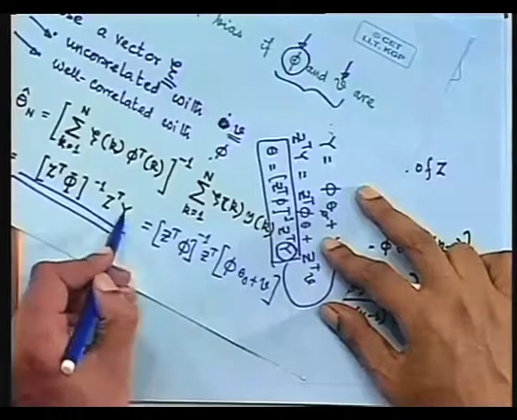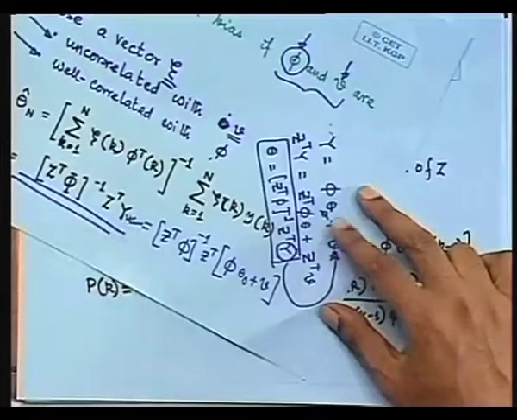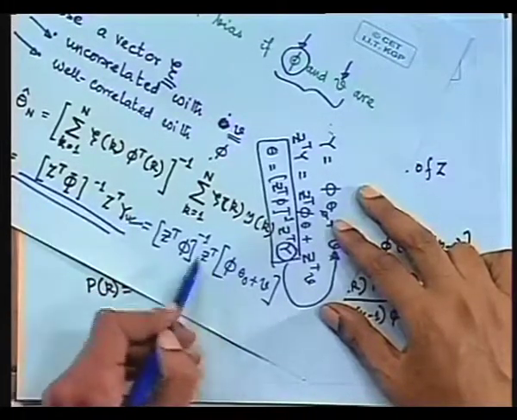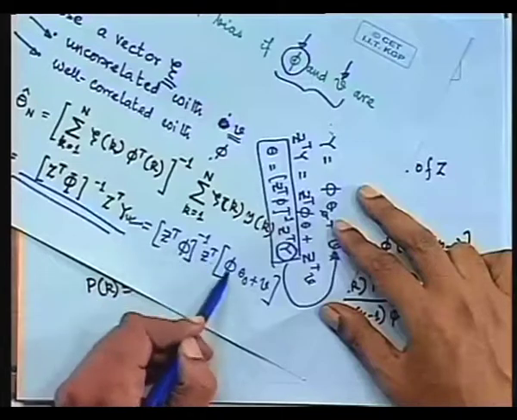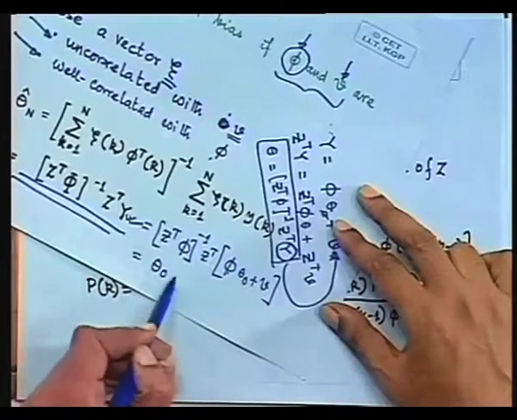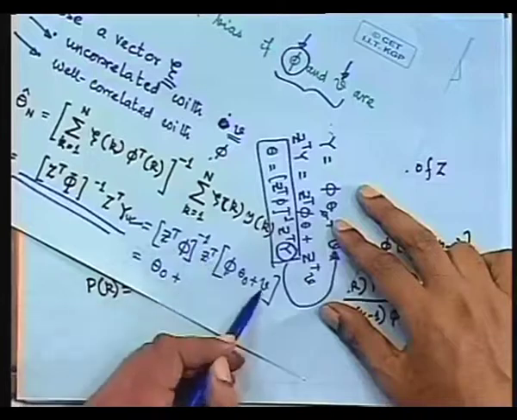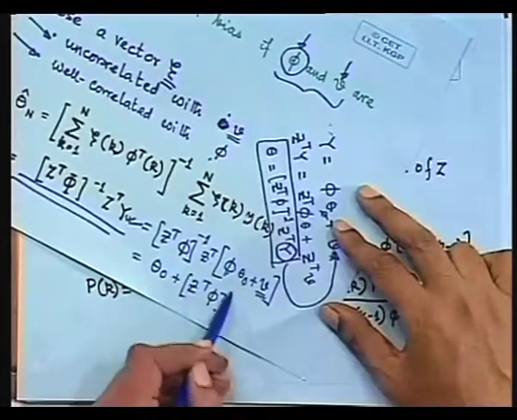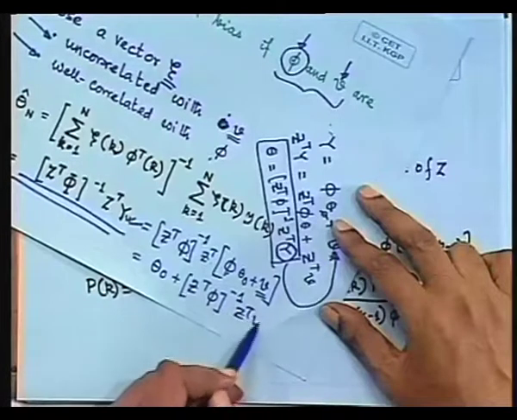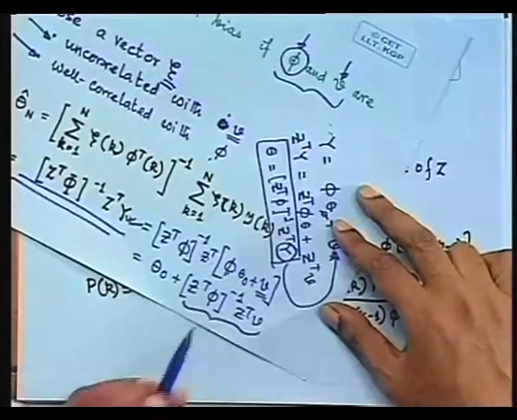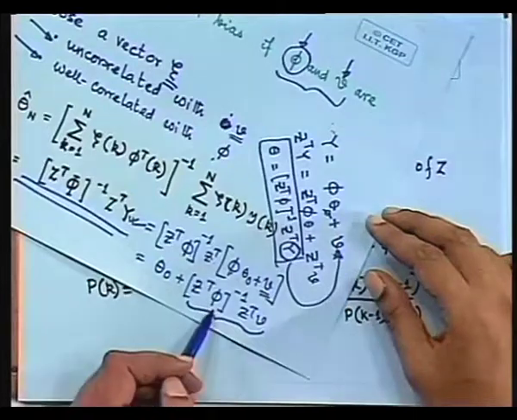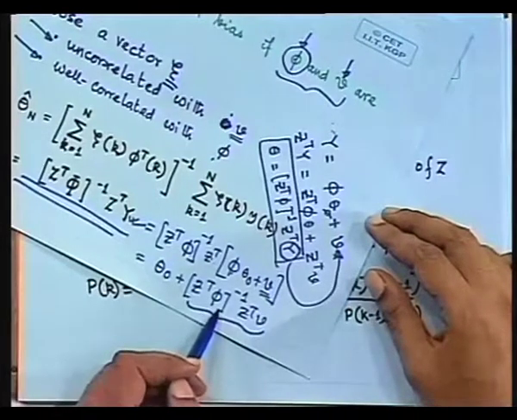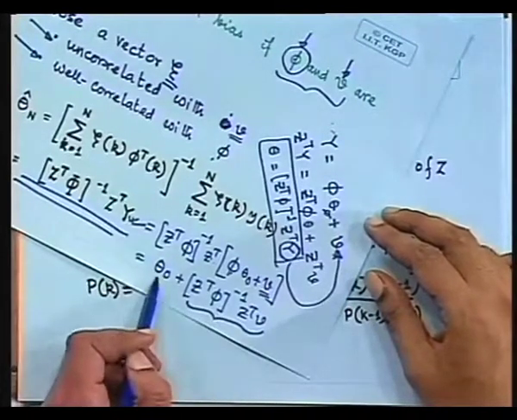This is how y has been generated, right? So now you get Z transpose phi inverse Z transpose phi, so you get theta naught, and then you get Z transpose phi inverse Z transpose v. That is your parameter error, your theta tilde. This is the amount by which your estimated parameter is off from the real parameter which the system used.